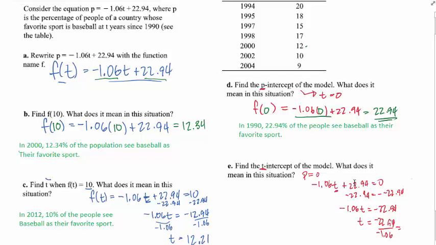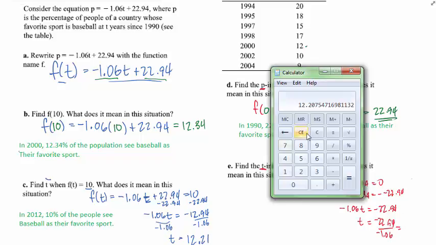And then with our calculator, we have 22.94. We have a negative 22.94 divided by a negative 1.06, so that's just going to end up being positive. So I'm not going to put the negative signs there, and I'll just do the division, and I get 21.64.